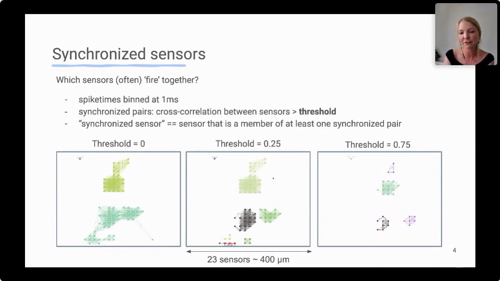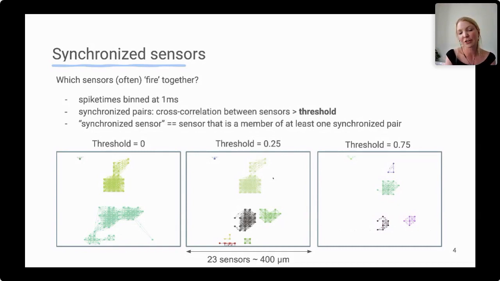Now, this threshold definition gives you the ability to see more and more fine-grained structures in your network. If you put the threshold at 0, this is basically the same as saying, which are the sensors that have been spiking at least once within a millisecond during the whole recording? If we do that for this example recording, we see, for example, 2 large structures.